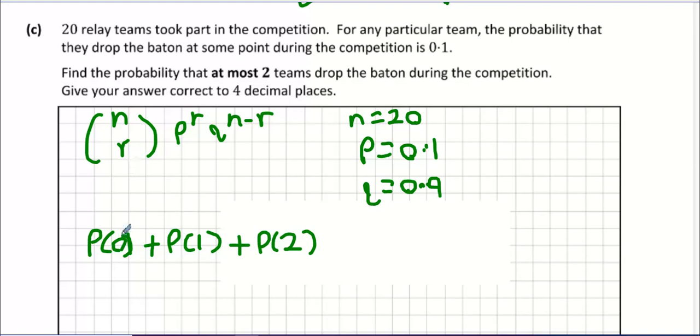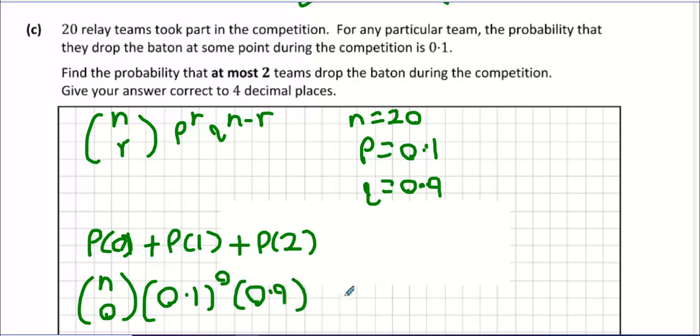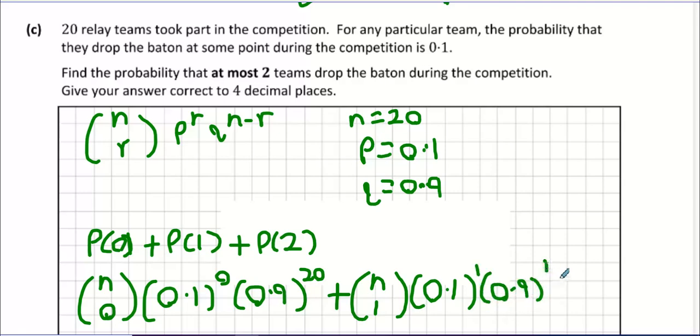Probability of 0 teams dropping the baton will be 20C0, 0.1 to the power of 0 and 0.9 to the power of 20. And then the probability of one team dropping the baton will be 20C1, 0.1 to the power of 1, 0.9 to the power of 19.